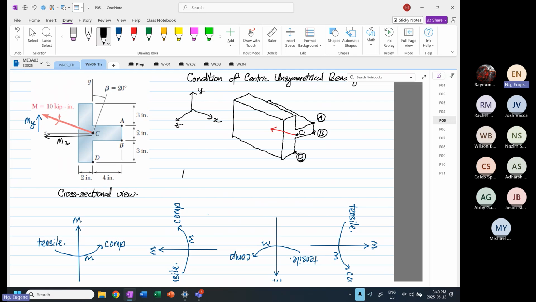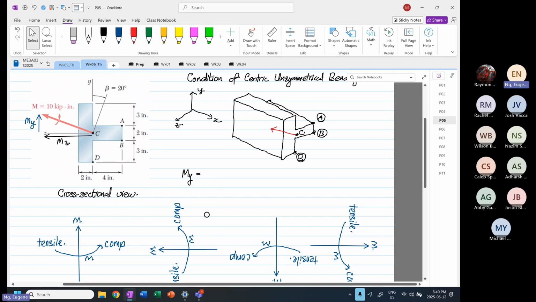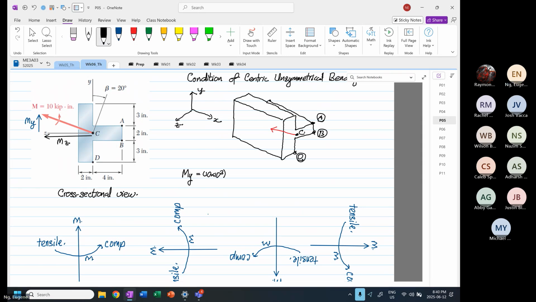So MY is equal to 10 times 10 to the power 3 times sine 20 degrees. 10 to the power 3 times sine 20 is equal to 3,420 pound-inch.